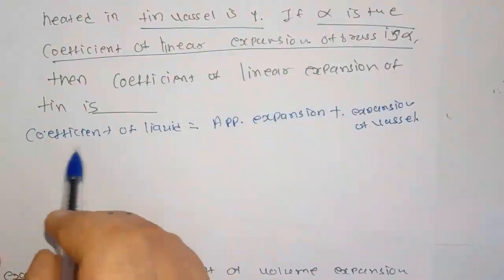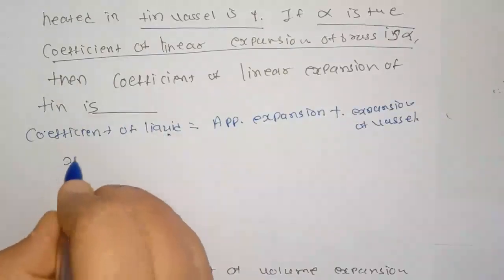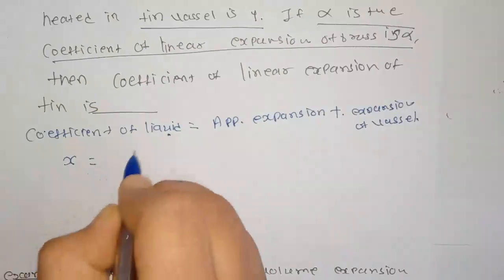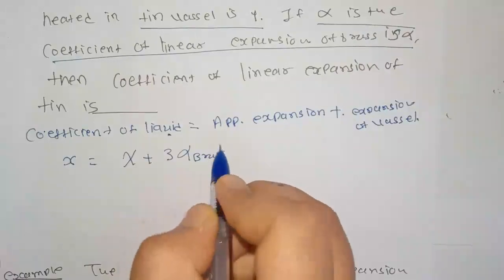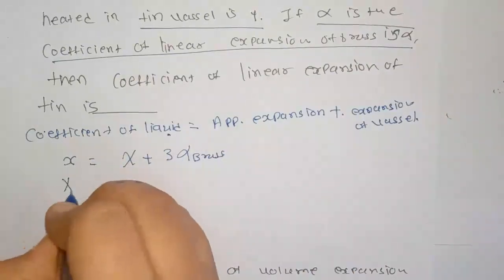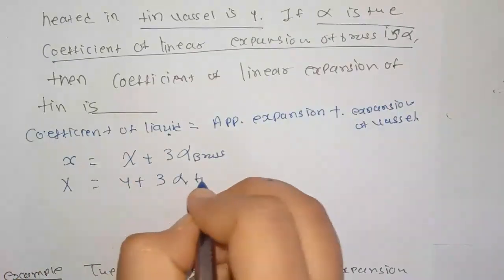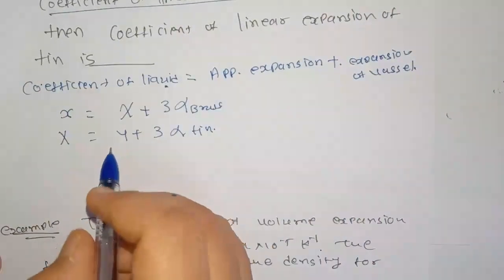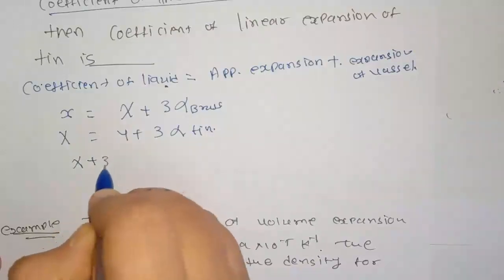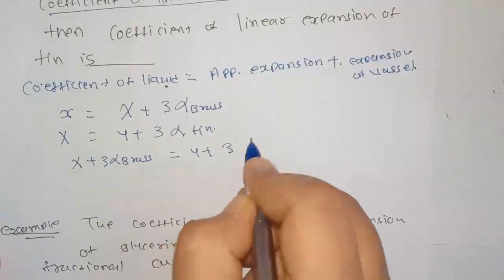So, for the coefficient of liquid, let's say it is small x, that is equal to x plus 3 alpha brass. It is x is equal to y plus 3 alpha tin. So we can write x plus 3 alpha brass is equal to y plus 3 alpha tin.